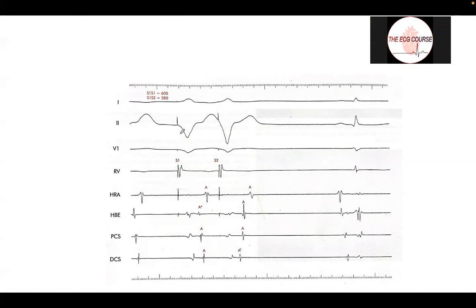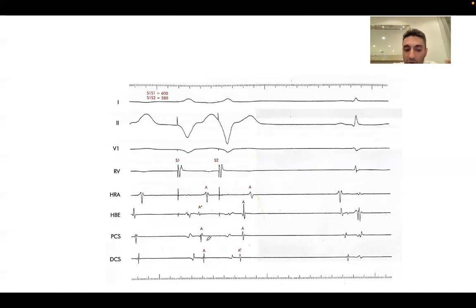You are V pacing, right? You have to ask yourself, is there atrial activation? The answer is yes, there is. Next question would be, is it normal or abnormal atrial activation?